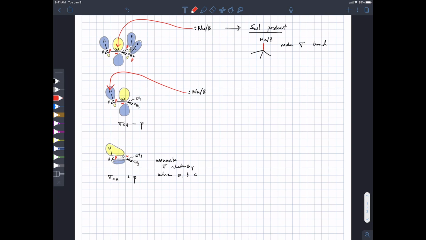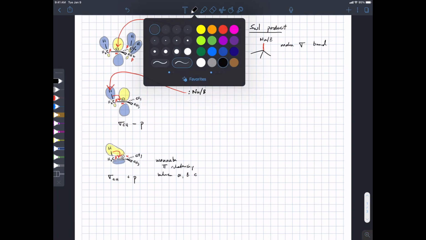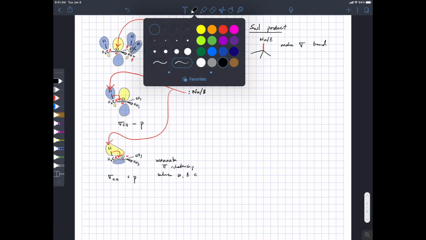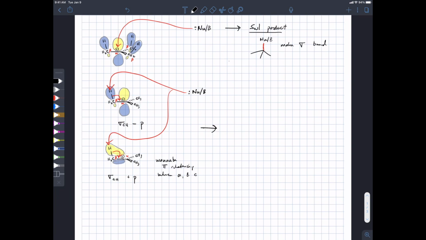When that happens, the electrons that used to be in the carbon-hydrogen bond shift over. We can draw the mechanism from either of these orbitals, but the electrons from that carbon-hydrogen bond shift over after the reaction. That beta proton is now on your nucleophile.